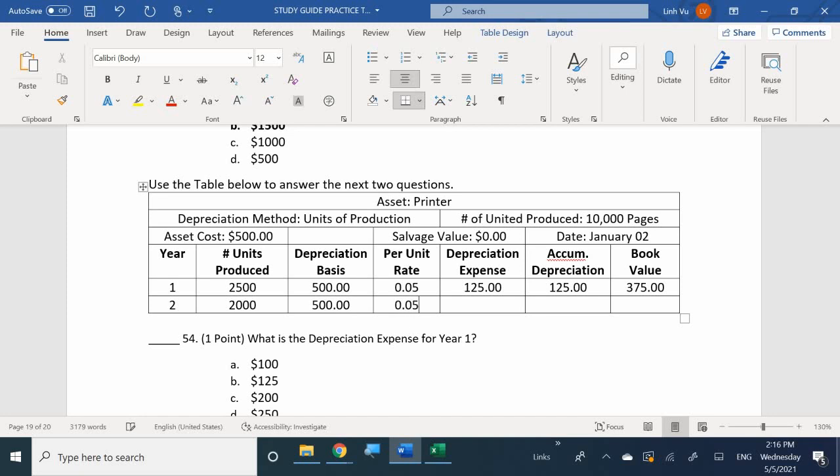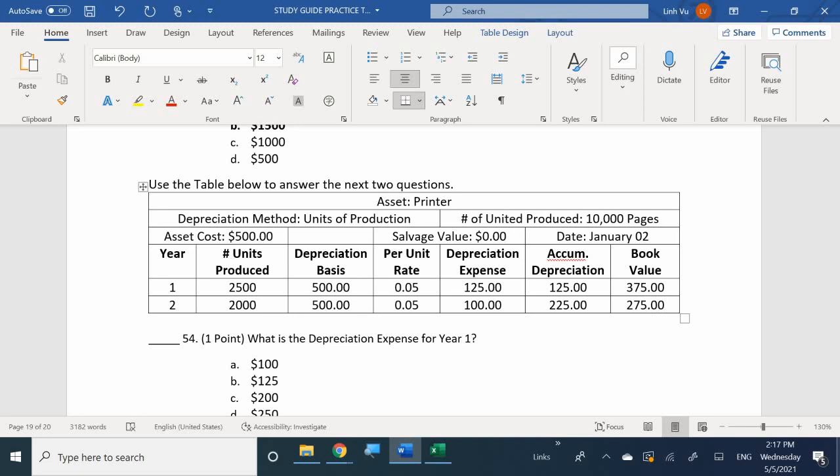It stays the same. Now that I printed 2,000 pages, what's my depreciation expense going to be? $100. And then that makes accumulated depreciation 225. Therefore, my book value is 275, because you're taking away $100.